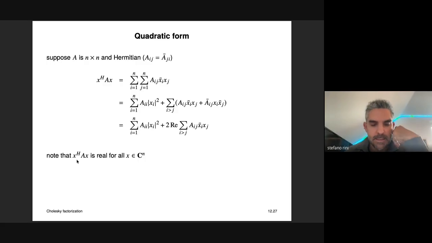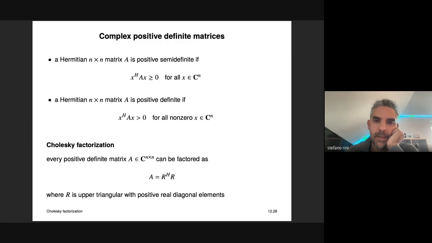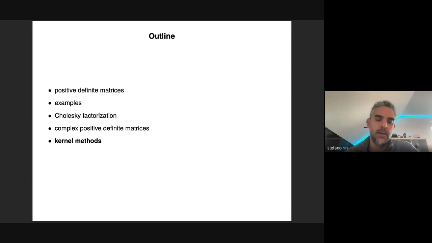And notice that x Hermitian Ax is real for all x that belongs to C^n, the complex plane to the power of n. So the definition of positive definite and positive semi-definite remains analogous, but instead of using the transpose, we use the Hermitian. The factorization now includes the Hermitian, and R is an upper triangular matrix with complex entries.